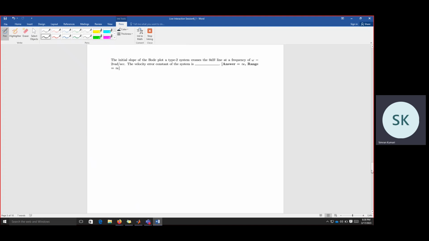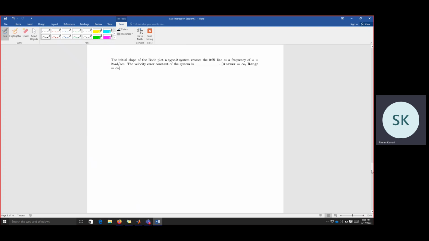Okay, so this question is related to the steady state error. Before this question, we went through the frequency domain analysis of systems. First we saw the steady state response of the system given a sinusoidal input.